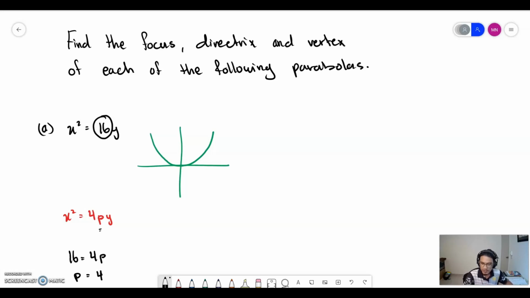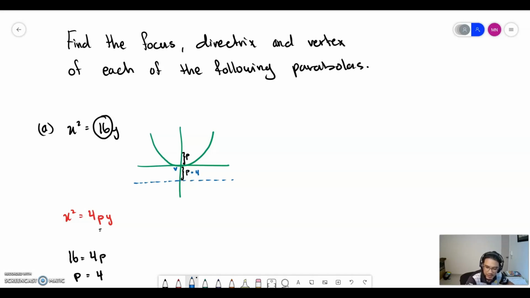Okay, so now we know the position of our focus and directrix from our p. So this will be the value of p, and this is also the value of p. Okay, then the vertex to the directrix has a length of p, where p is now equal to 4.